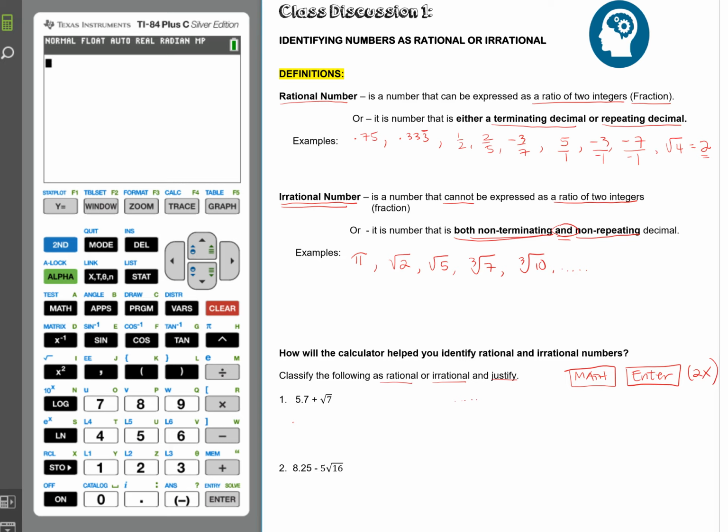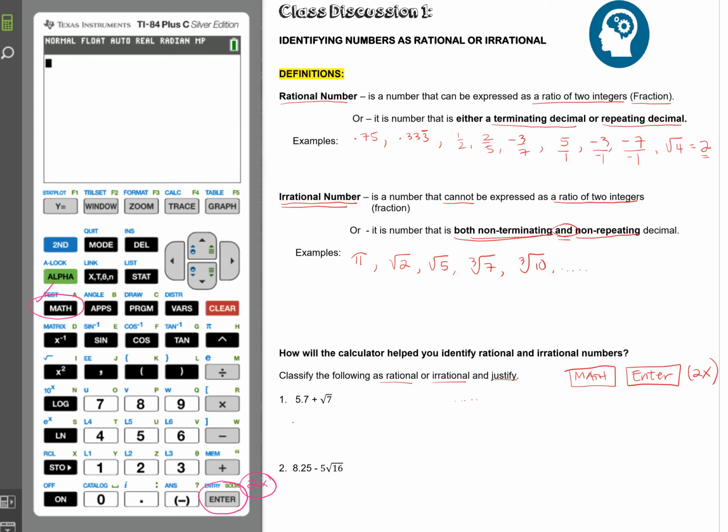I'll show you. Press math first, then press enter 2 times. So these are the 2 buttons of the calculator that you have to remember.